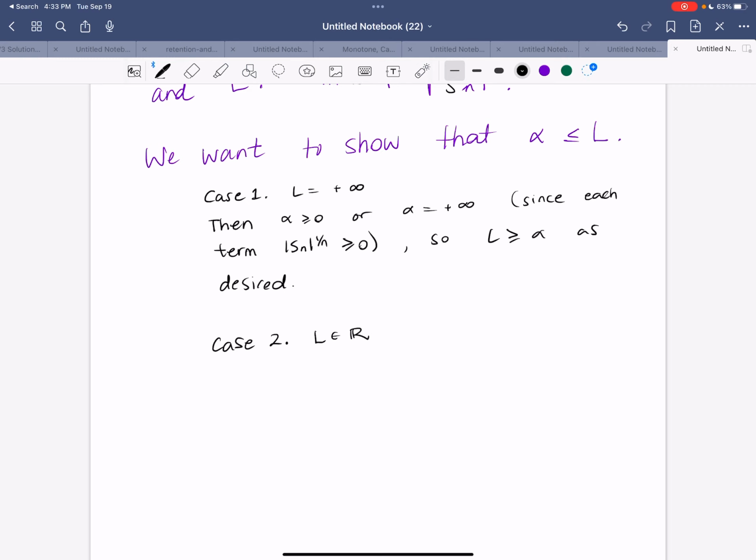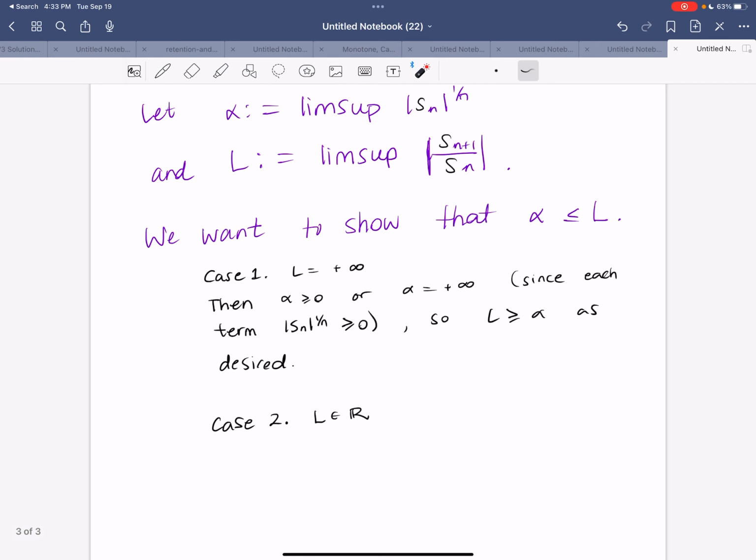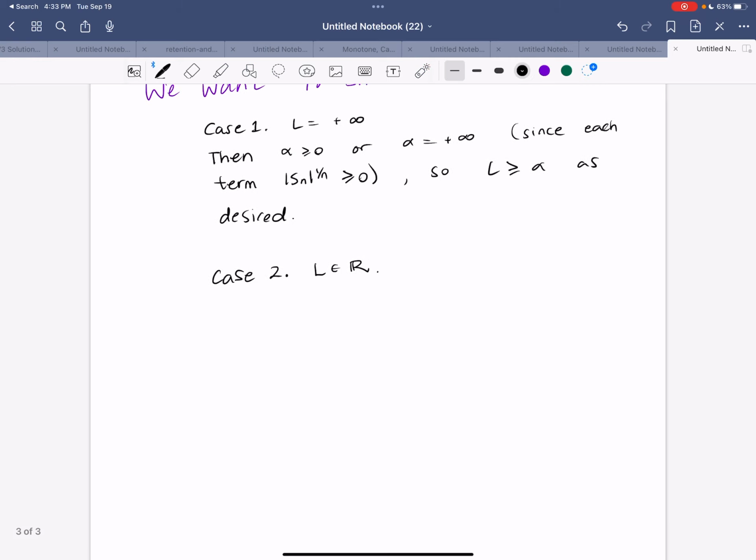And notice that because we're taking the ratio of some non-negative terms, the limsup has to be bigger than or equal to 0. So let's just write that down.